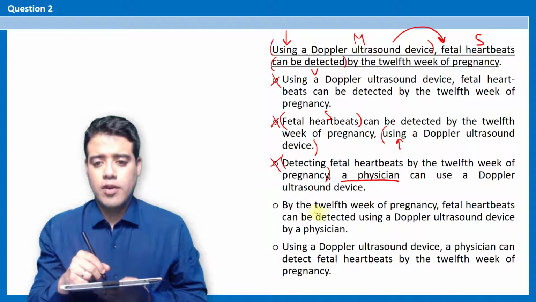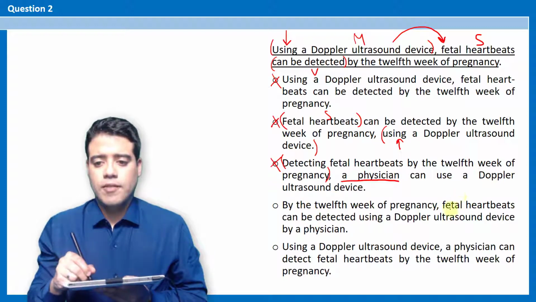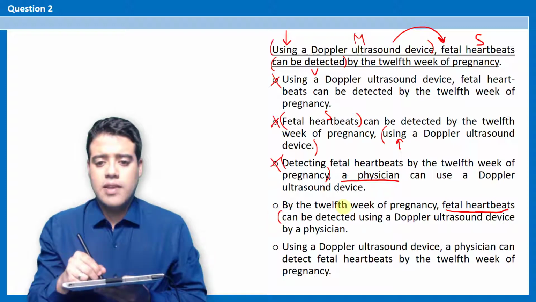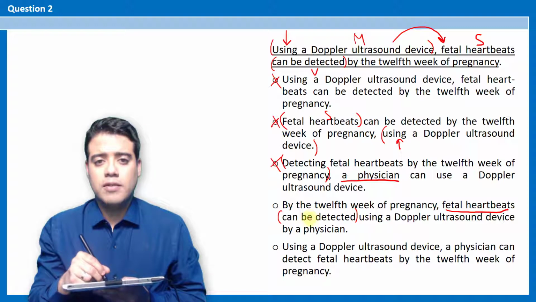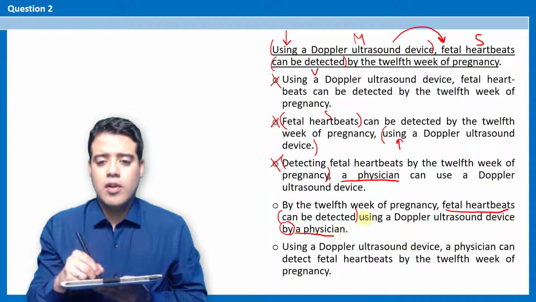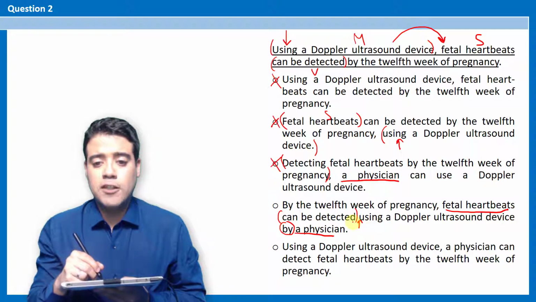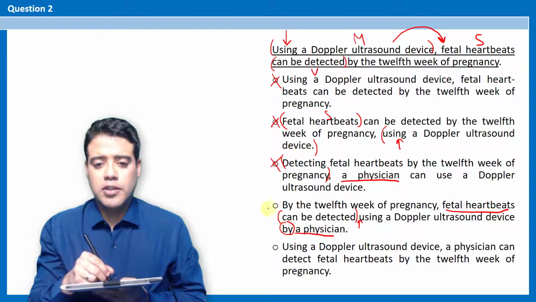In number 4, you have fetal heartbeats as your subject. Can be detected. Be careful there, because if you use the passive voice, it would be better to have by a physician right after detected. In other words, you should say heartbeats can be detected by a physician using a device. I don't like this structure.